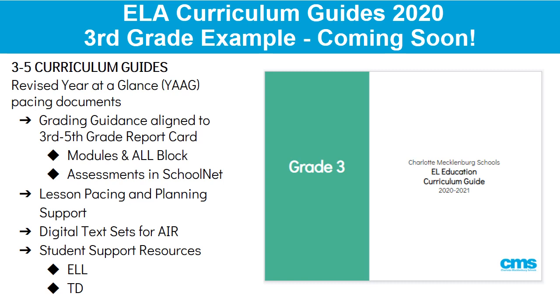They will have grading guidance aligned to the third through fifth grade report card for modules and all block. In addition, the assessments will be put into SchoolNet, and the SchoolNet codes will be included in the curriculum guides. There will be lesson pacing and planning support, digital text sets for accountable independent reading, and student supports for all learners.